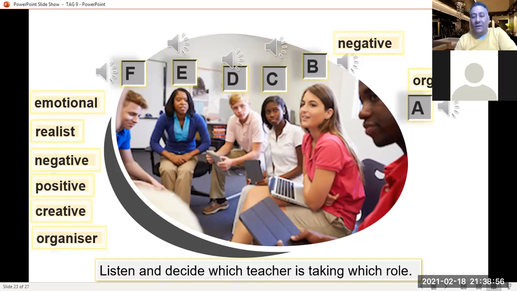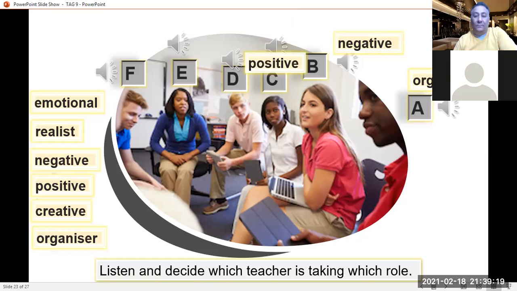She said that it's fun to work with big classes. Positive. Positive, yes, exactly. Excellent.